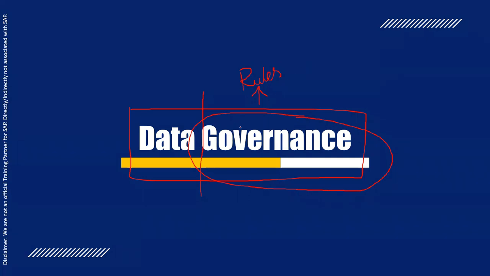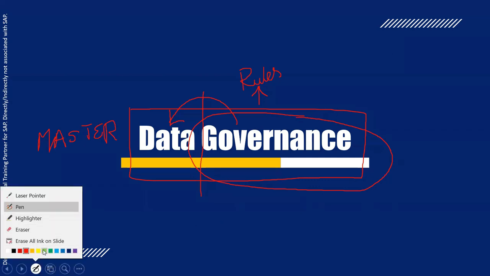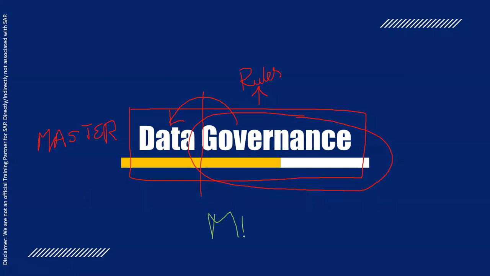So when you start applying the governance principle on the data, it is called data governance. And if you start applying that governance process on master data, then it is called master data governance, which is nothing but our MDG.